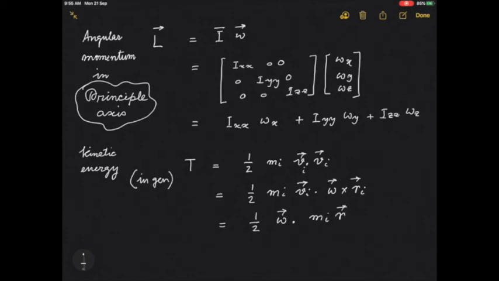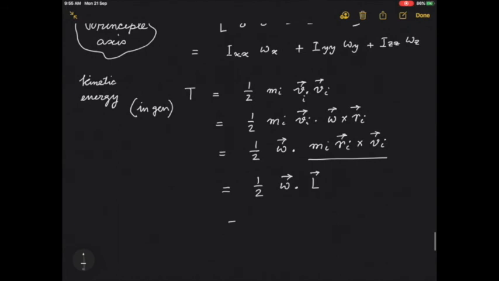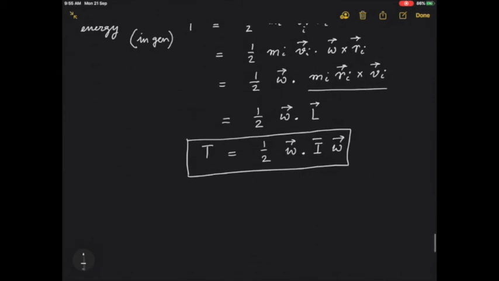So this is A dot B cross C. I can write this as ω dot the sum of mi ri cross vi, and that you realize is the total angular momentum. So this is half ω dot L, and we have just written L in terms of the moment of inertia.